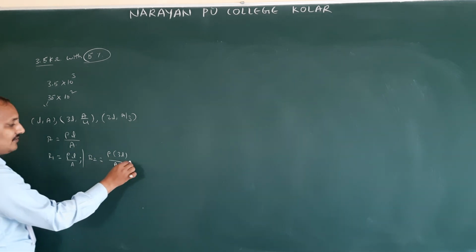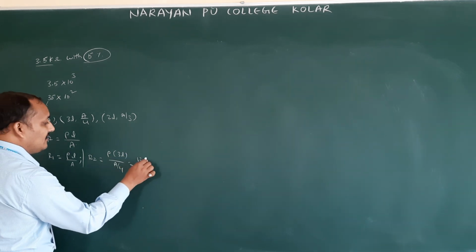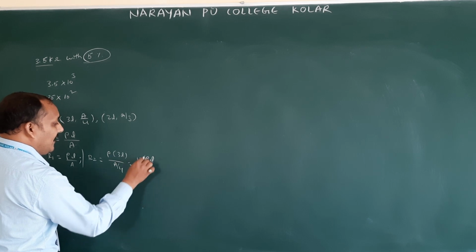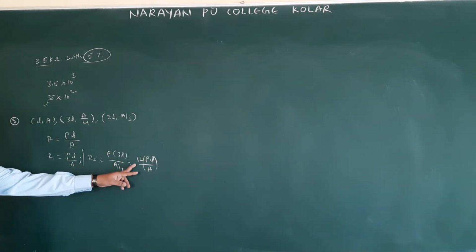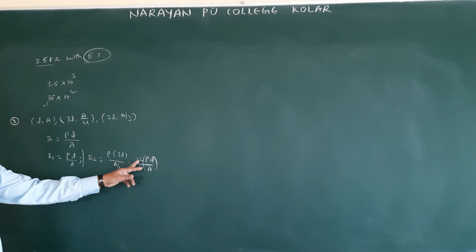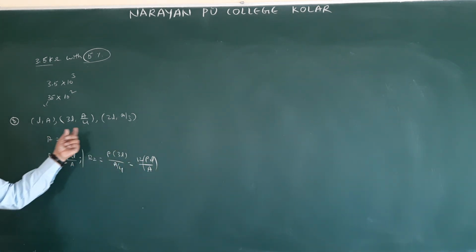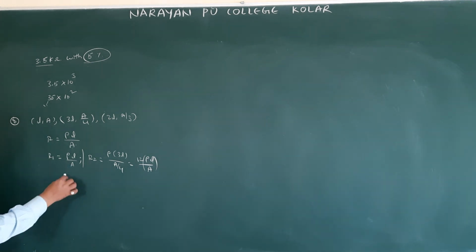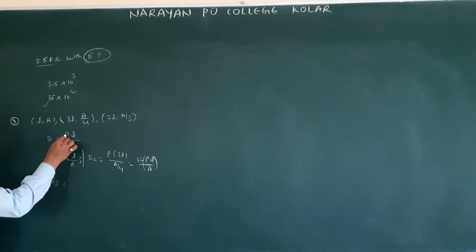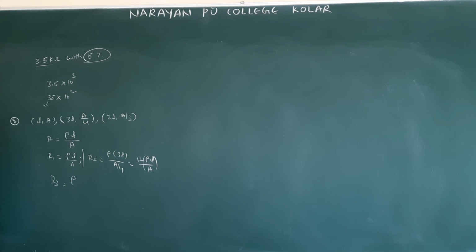Then this 4 goes to the numerator, so 4 threes are 12 rho L by A. If we compare these two, this is rho L by A and this is 12 rho L by A. Therefore, this is having maximum. Next we take R3. Rho is rho only, because they gave three metallic wires.